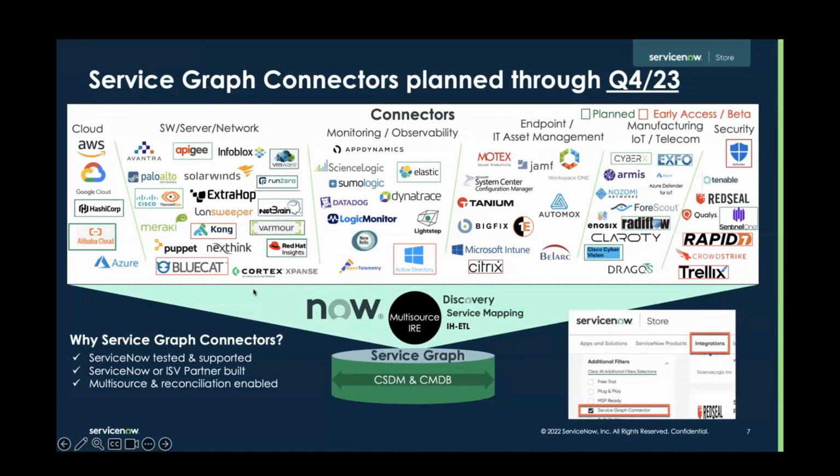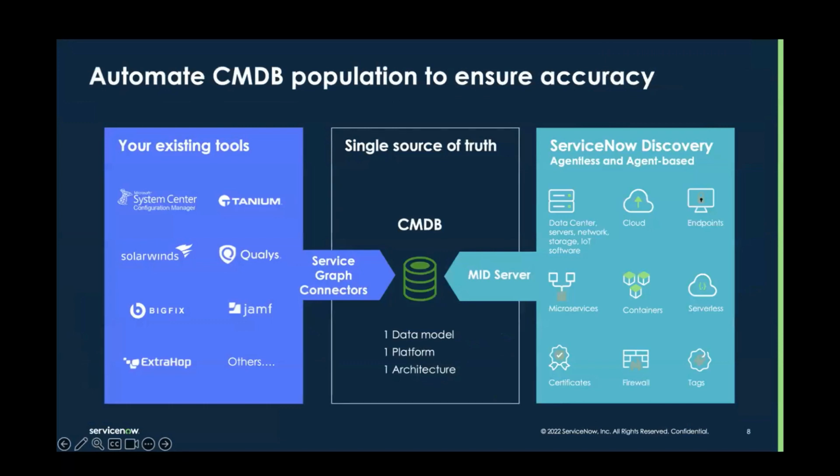So we really have a very wide range of service graph connectors that are, again, very useful for three main reasons: because they are tested and supported by ServiceNow, and they are either built by ServiceNow or an ISV partner, and they support multi-source and reconciliation. So you can leverage all the functions of the CMDB and have it configured in the best possible way.